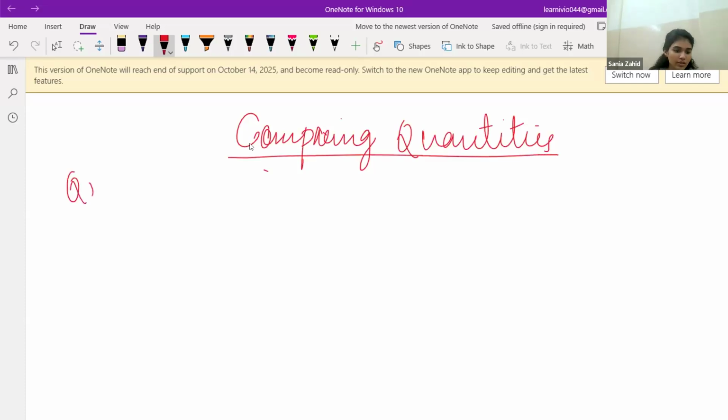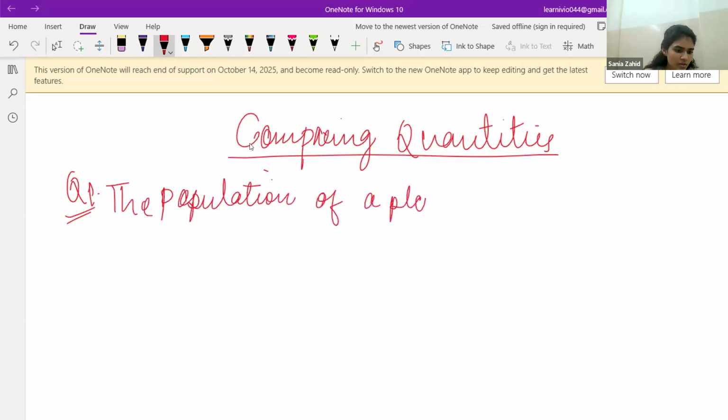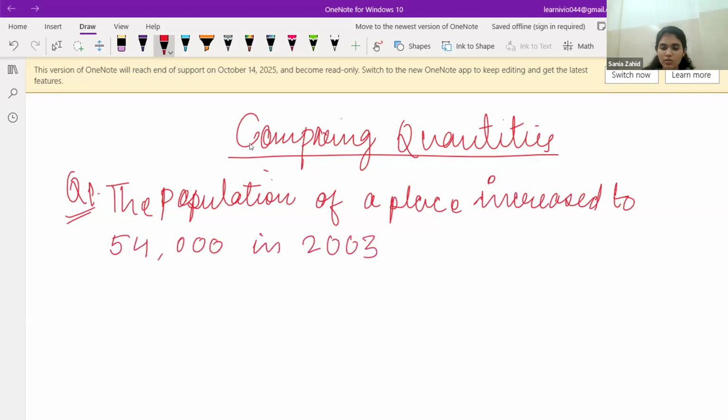Okay, so children, just look at this question now. The population of a place increased to 54,000 in 2003 at the rate of 5% per annum.